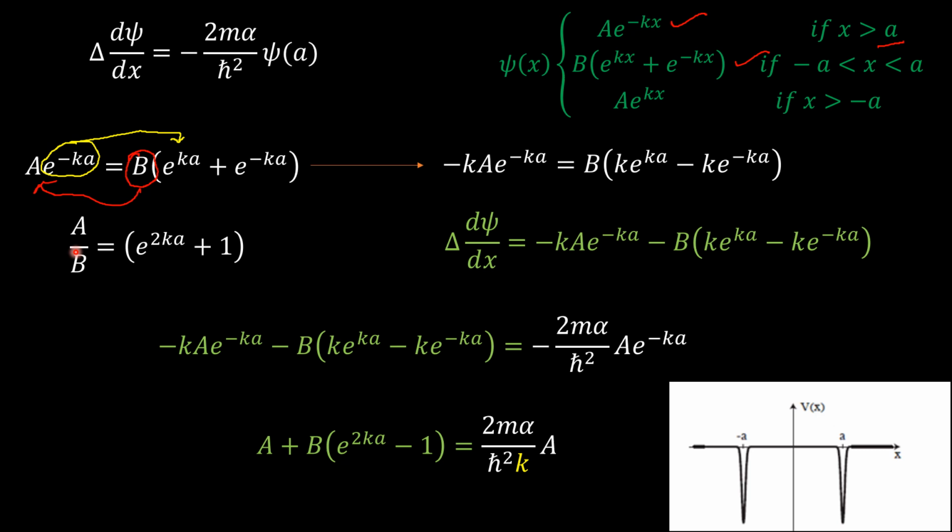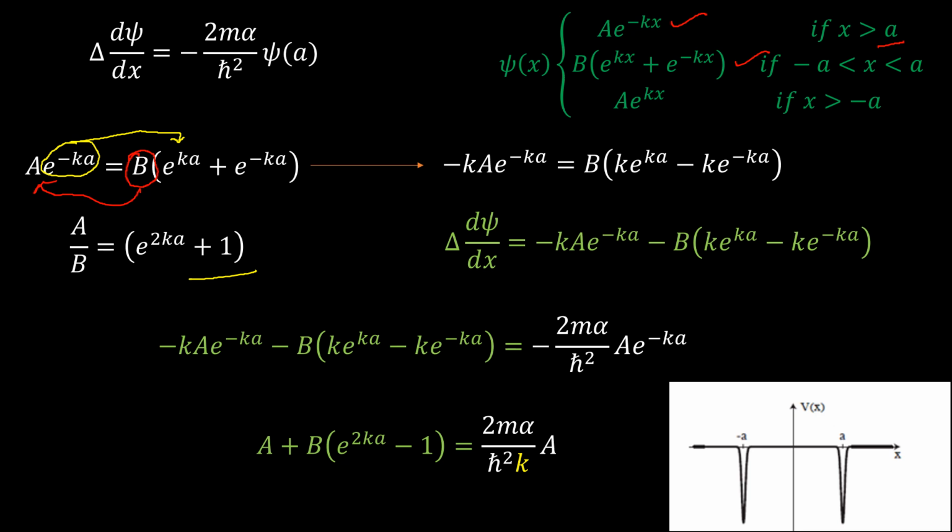This will become A by p, and if you divide it by e power minus ka, this will become e power 2ka, and if you divide this by e power minus ka, then this will be 1. This is the ratio between A and B, which we are going to use later.